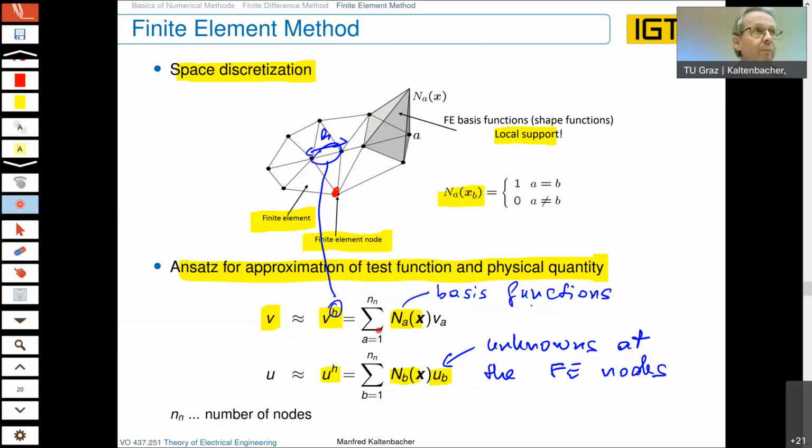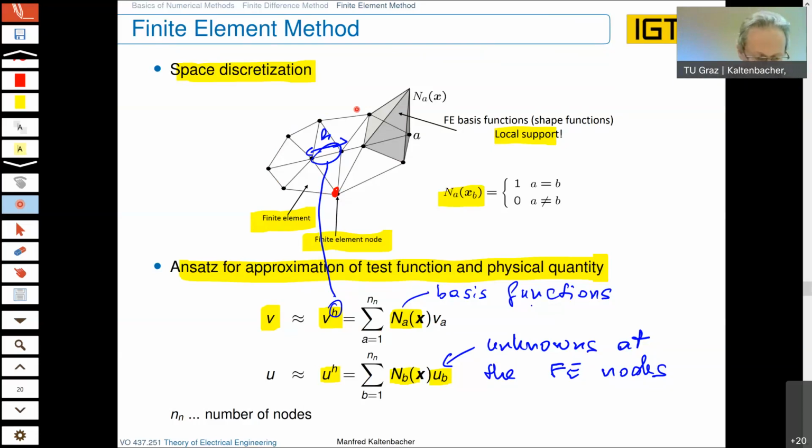Otherwise, you would have a mixing, and could not then separate your solution and get the solution of a physical quantity, for example, electric scalar potential, at all our finite element nodes. So you see, this is the key point, let's say. And the rest of what we are doing is some rearrangement of terms, and then clearly we need some tricky methods for how we can efficiently implement this method on a computer.